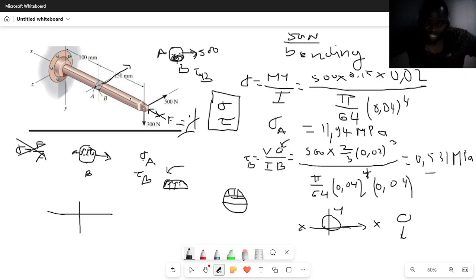The representation of your bending starts in the same direction as the shear created by that force. Do you guys understand when I say it like that?